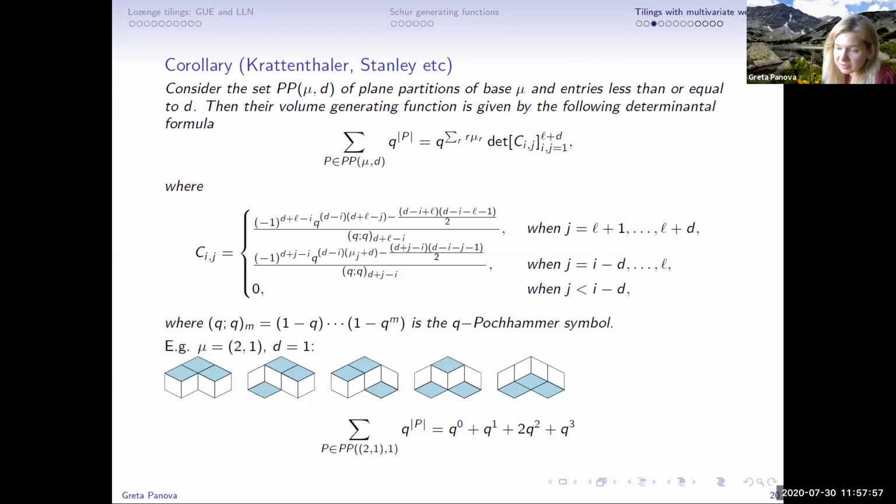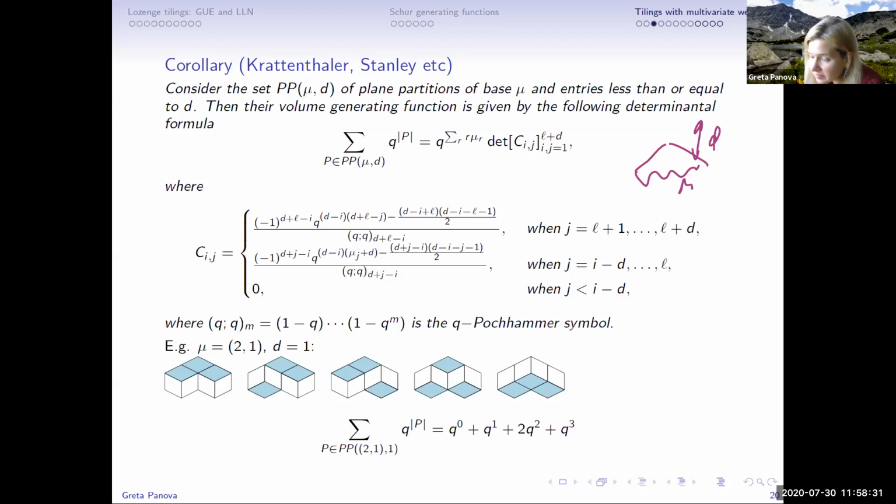And in particular, as a corollary to this theorem, we can recover a formula by Christian Krattenthaler and Stanley and so on from 30 or more years ago about the Q to the volume sum over plane partitions, again, of base mu. So this is our mu base, and now we are stacking boxes on top of this mu of height at most d.